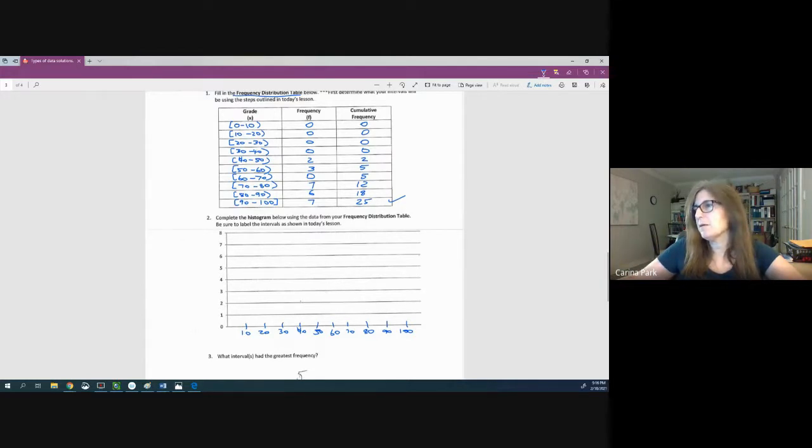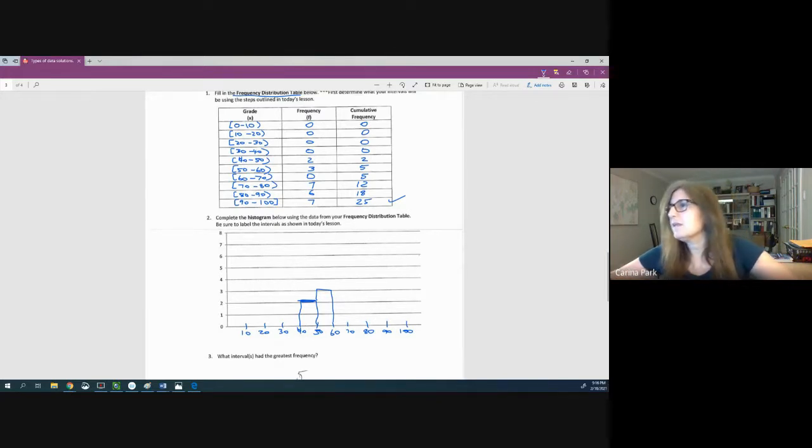So here's my bar that starts at 40 and goes to 50. Oh, I made it too high. So at 2. Okay, and then from 50 to 60, I have 3. Notice how the bars are connected. From 60 to 70, I have nothing.